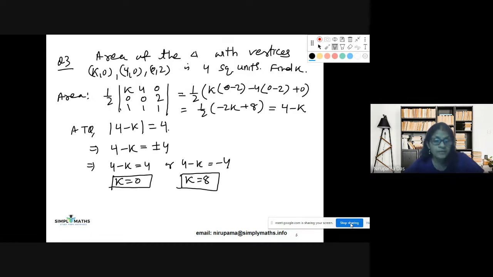For standard mathematics of the CBSE syllabus, Cramer's rule is not part of the syllabus, but for applied maths it is in the syllabus. So maybe that will be beneficial for applied math students. But for today's session, I just decided to take this application of determinants.